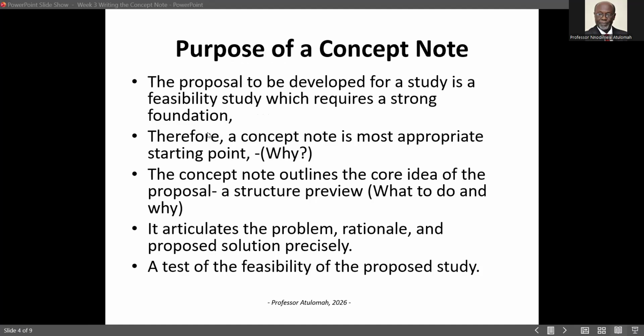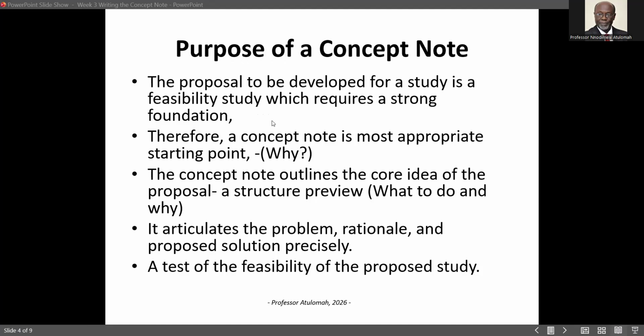Because of this, it is necessary for a concept note to be conceived. So the concept note is the first mapping out of your research engagement. So a concept note is the most appropriate starting point.